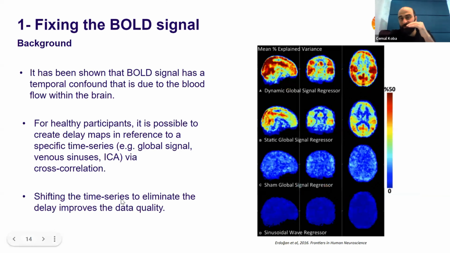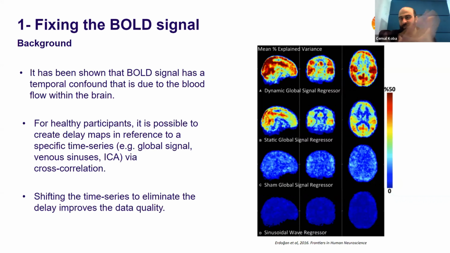And shifting the time series to eliminate the delay actually improves the data quality and improves, for example, the explained variance in the models that they are using. For example, the study in the figure on the right side used seed-based functional connectivity for the posterior cingulate cortex, and they showed that the connectivity map has higher explained variance when they account for this temporal delay.